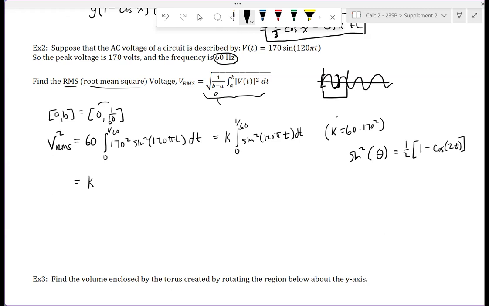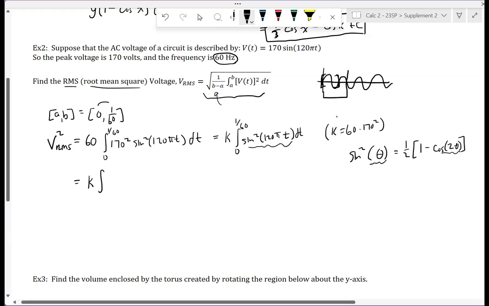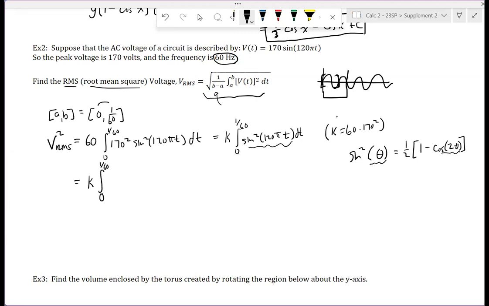So k comes along for the ride. We are maintaining our same variable, so we're not doing a substitution or anything like that, and we can keep our same bounds. Sine squared of stuff becomes 1/2 times (1 minus cos of twice that stuff).